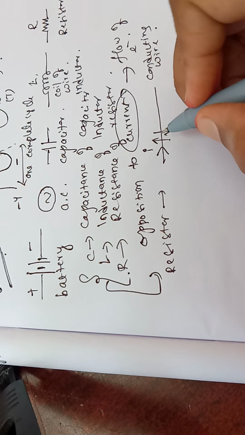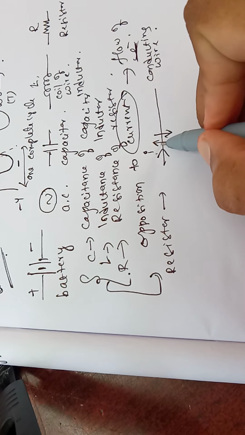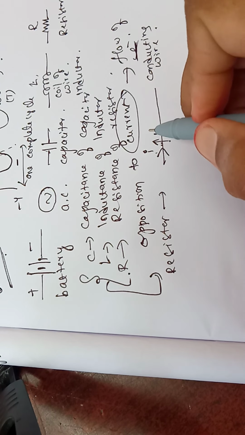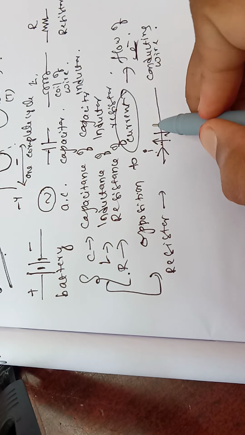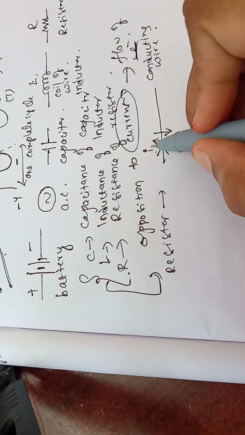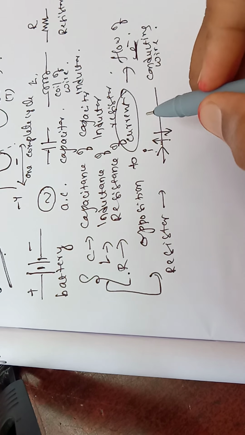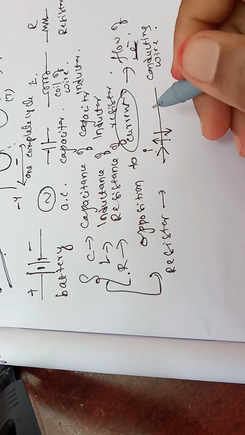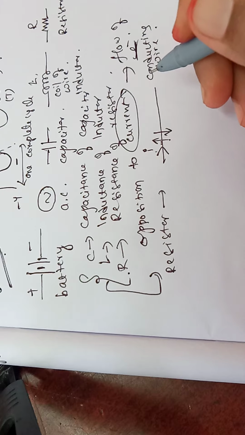Current means electrons, and these electrons collide with the vibrating atoms. These collisions create resistance. When the current is strong enough to overcome this opposition, it flows through the circuit. So resistance is created due to the collision of electrons with the vibrating atoms in the conducting wire.